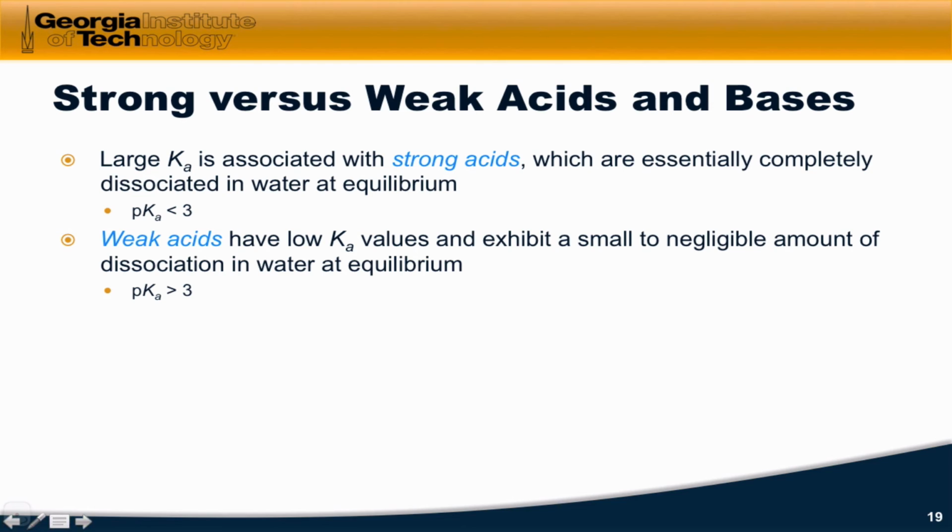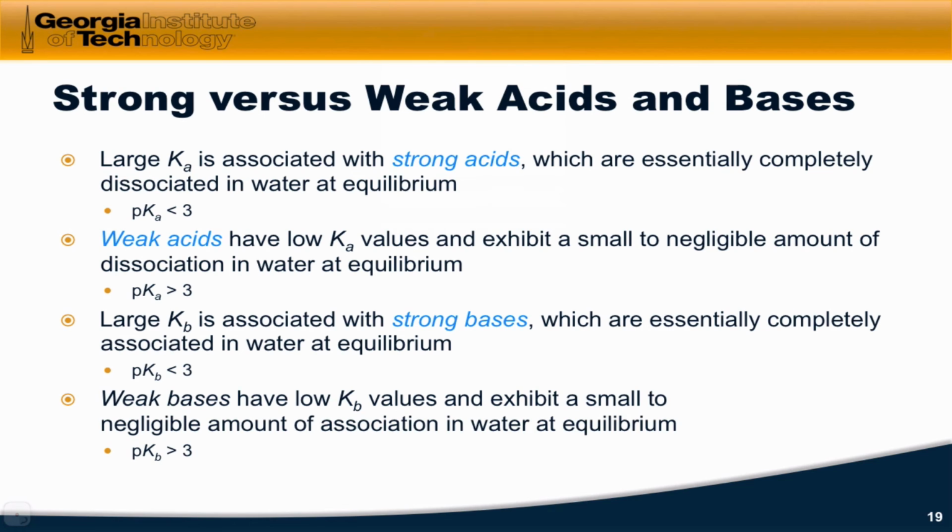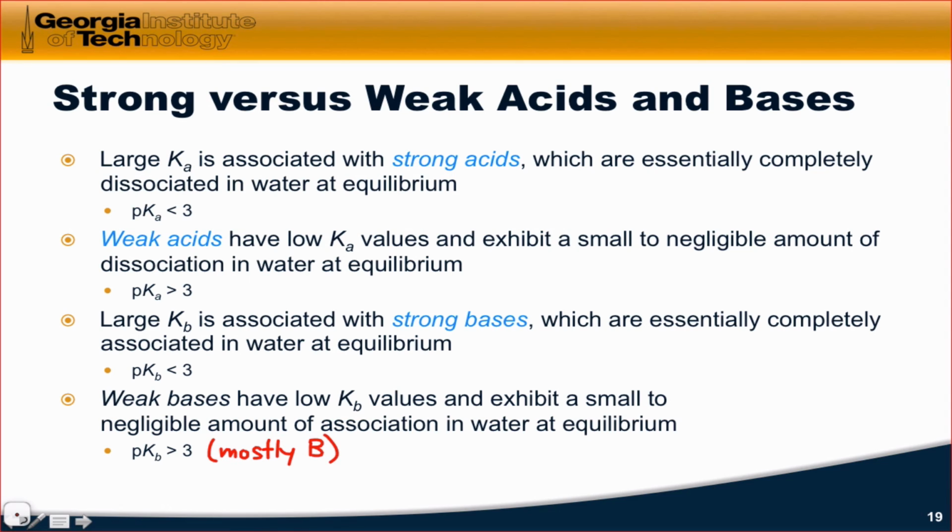Similar ideas apply for strong and weak bases. Strong bases have large Kb values, which correspond to low pKb values, something like pKb less than 3. Weak bases have relatively low Kb values, relatively high pKb values, and exhibit a small to negligible amount of association in water at equilibrium. These are mostly the base, just like weak acids are mostly HA.